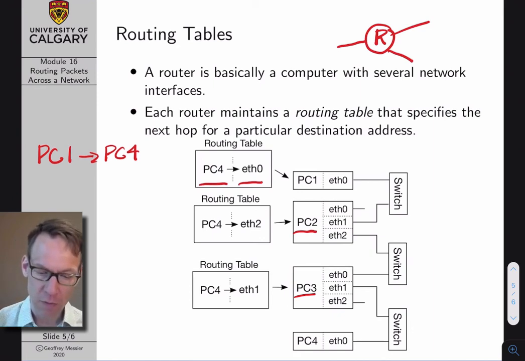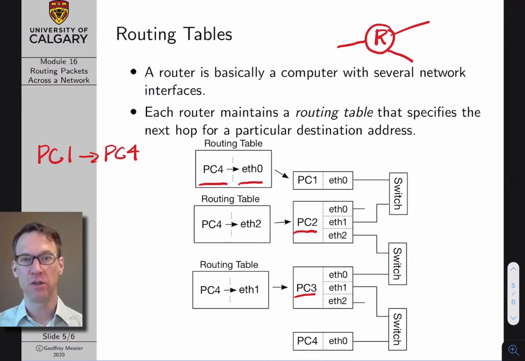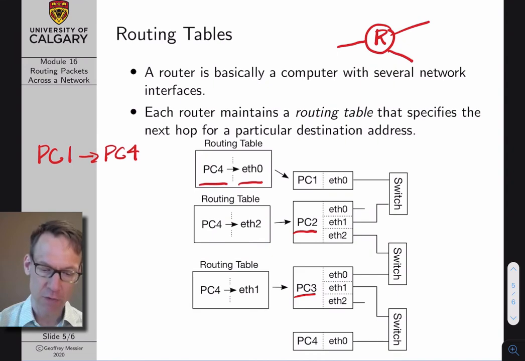And so we start with PC1. So PC1, even though it's the source computer, will still have its own routing table. It creates the packet, it addresses it to PC number 4, then it looks up the address for PC number 4 in its routing table, and the routing table says, send the packet out on Ethernet 0.